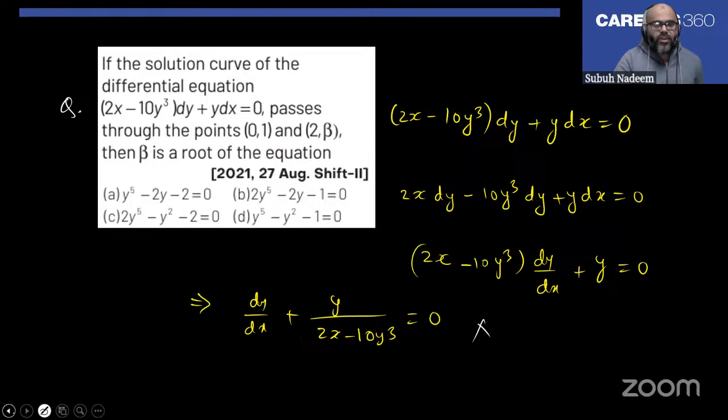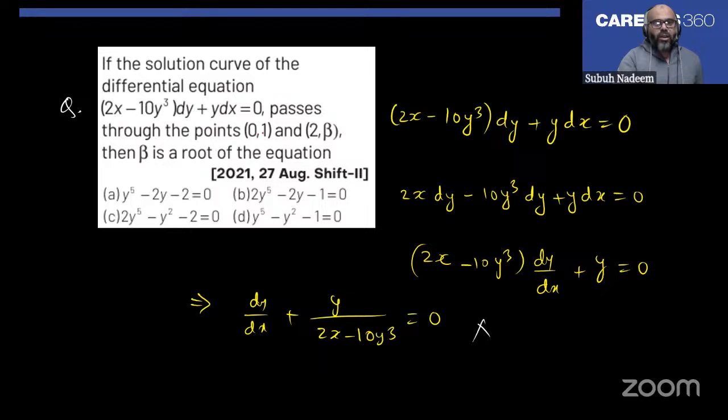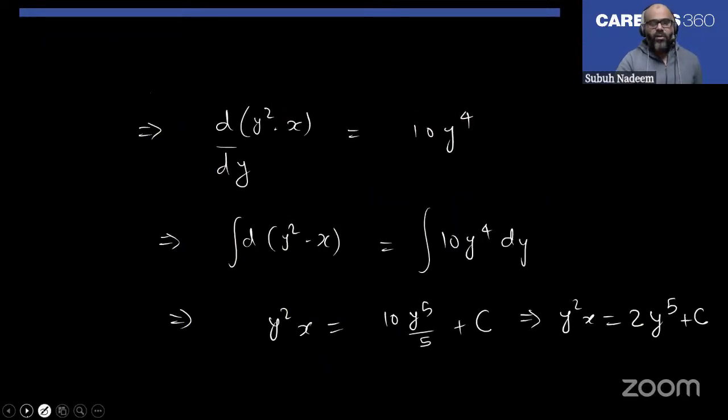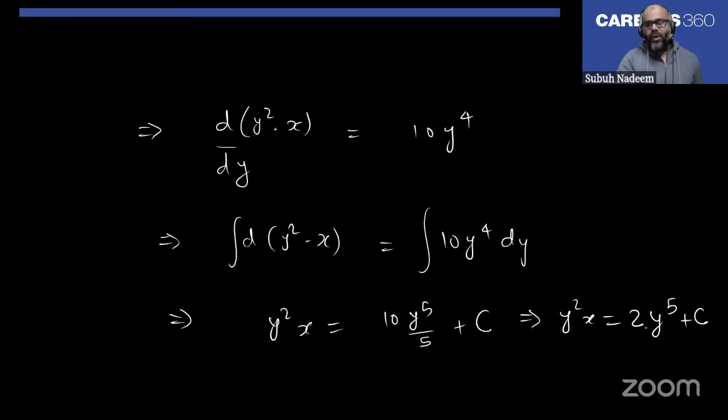Now we have to match with this, that it passes through (0, 1). Then what is the value of beta? Then we know the correct equation. So first let us find c. This is (0, 1), so when x is equal to 0, y is equal to 1. So this will be 0 and this will be 2.